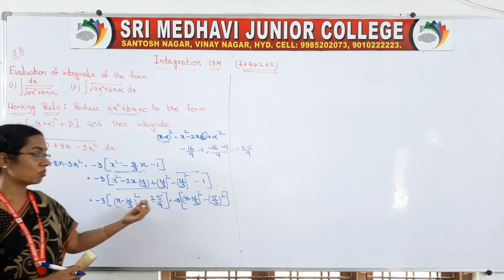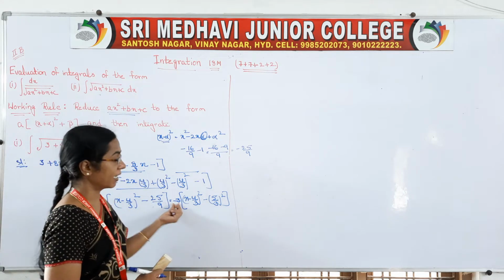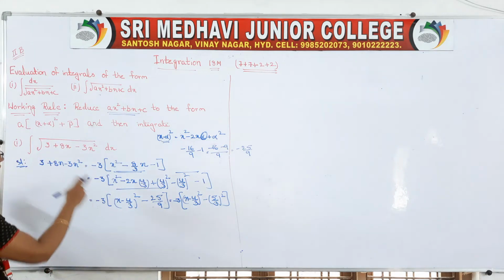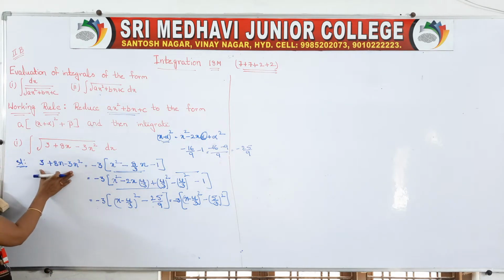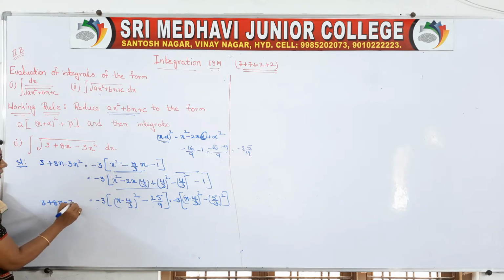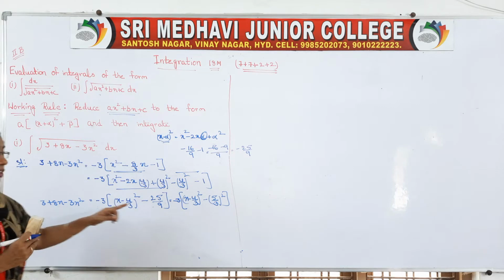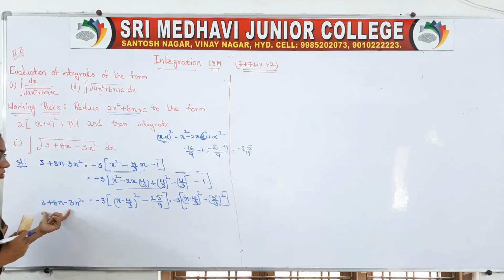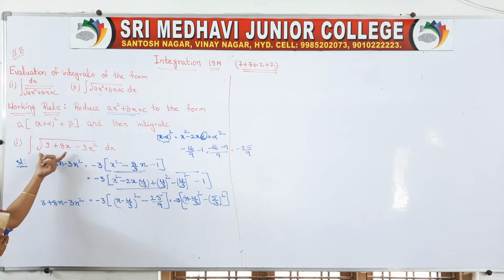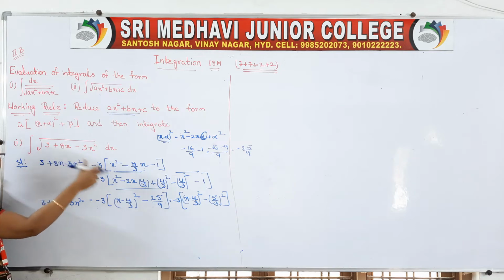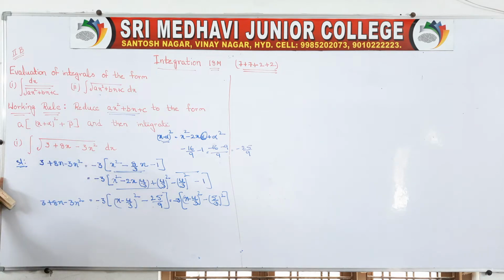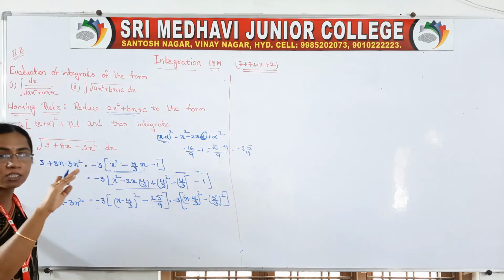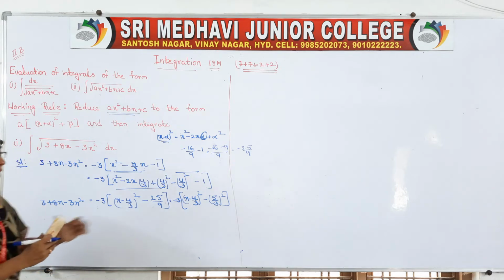But observe, outside we are having minus 3. But the question, after this we have to take the square root for this. This value, 3 plus 8x minus 3x square, we got minus 3 into something. After that we have to take square root for this, isn't it? What is the question? Integral, isn't it? Root of this one. Inside the root, negative value should not be there. It is a rule. Inside the square root, we cannot take any negative value.